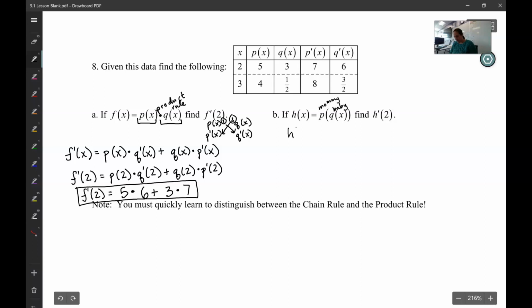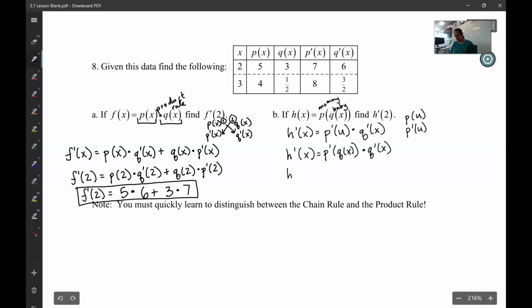So for this one, for h prime of x, we're going to have p of u, take the derivative of the mommy, so p prime of u, times the derivative of the baby, so q prime of x, and then replace u with our baby, so p prime of q of x times q prime of x.